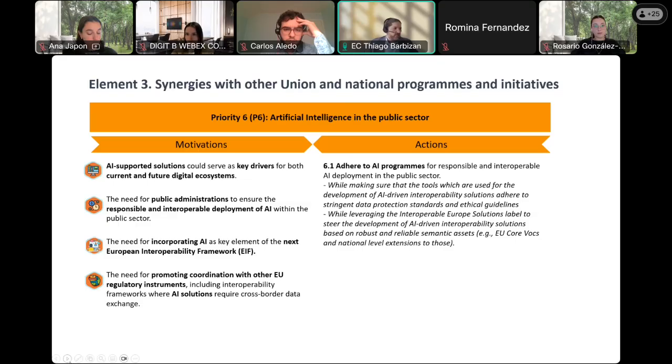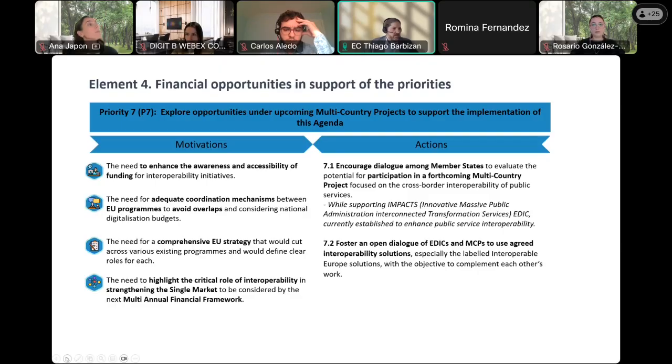Finally, under element 4, next slide, the last priority also on the agenda is to explore opportunities under upcoming multi-country projects to support the implementation of the agenda.